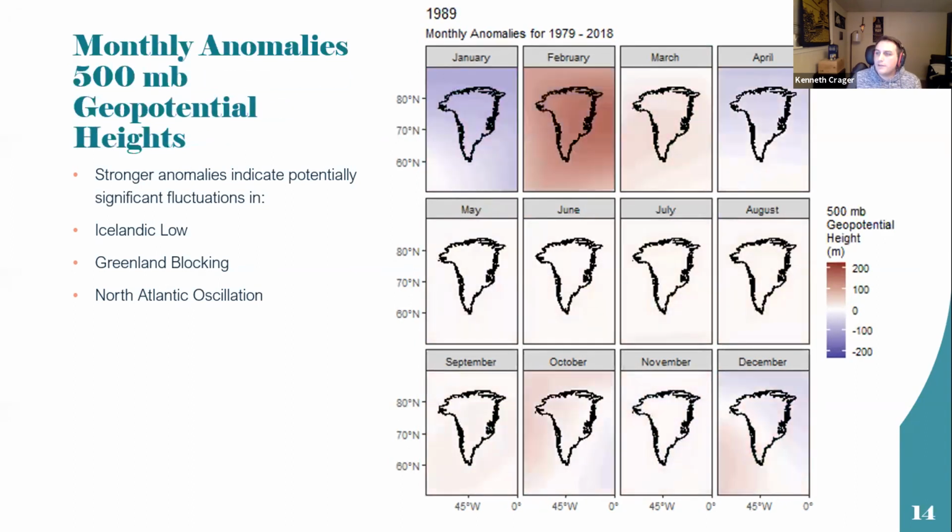And again, the 500 millibar anomalies here largely reinforce the findings in the sea level pressure, with the stronger anomalies indicating stronger and potentially significant fluctuations in those key pressure systems.